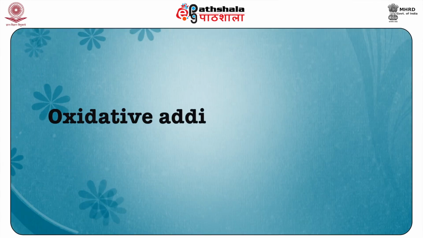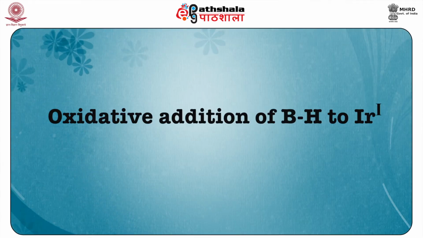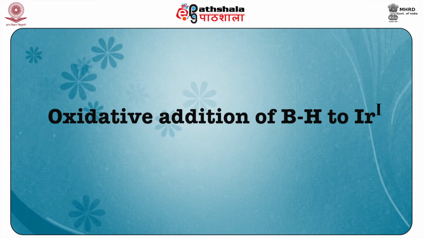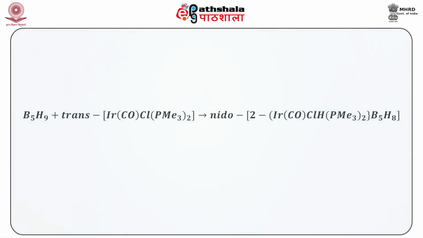In a more general method, the oxidative addition of BH bond to iridium is shown here. This reaction affords a good yield of certain sigma bonded metalloboranes but appears not to be very general. For example, B5H9 when reacted with a trans complex of iridium gives you a nido-iridium metalloborane.